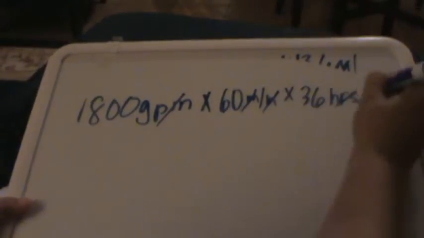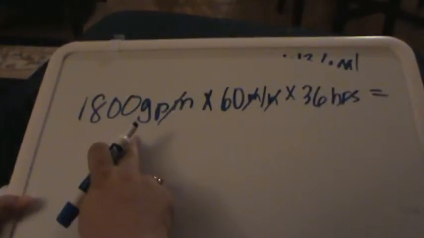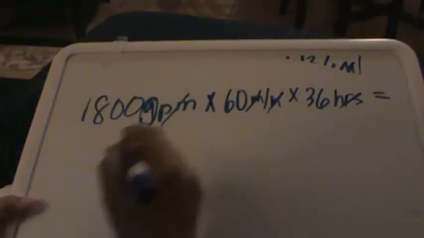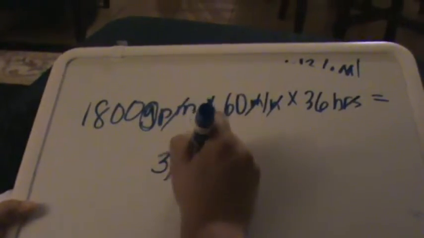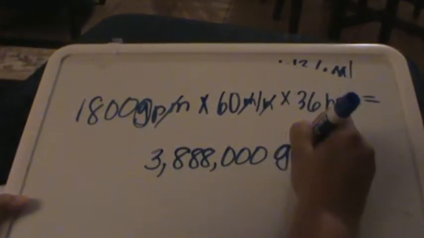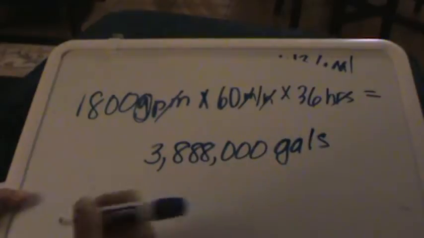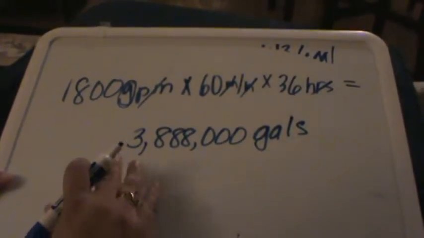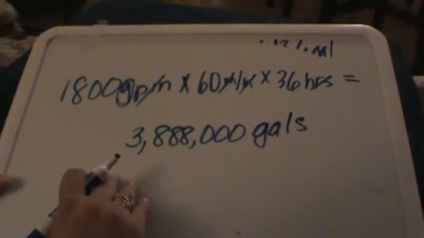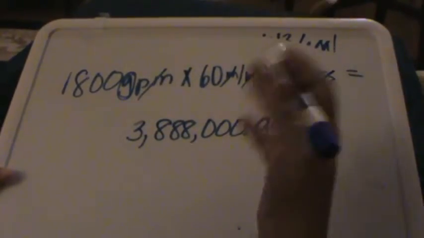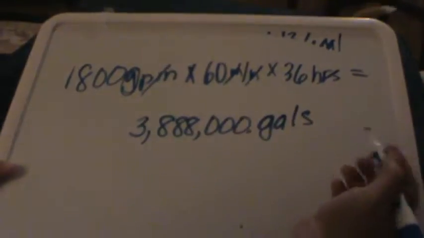Okay, so if I do the math, 1,800 times 60 times 36, that will give me 3,888,000 gallons. But the question asked me million gallons. So in order to divide this by a million, an easy way to do that is to move the decimal point 6 places. So we imagine if there is no decimal point, it's always at the end.